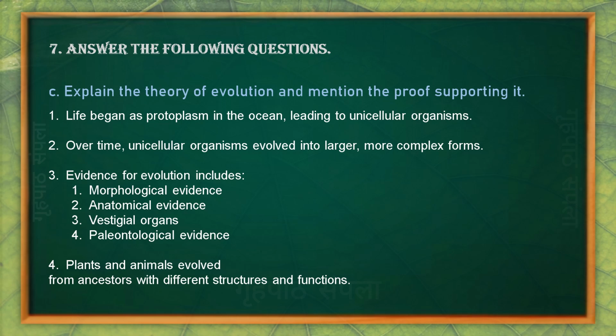Evidence of evolution includes 1. Morphological evidence. 2. Anatomical evidence. 3. Vestigial organs. 4. Paleontological evidence. And 4. Plants and animals evolved from ancestors with different structures and functions.